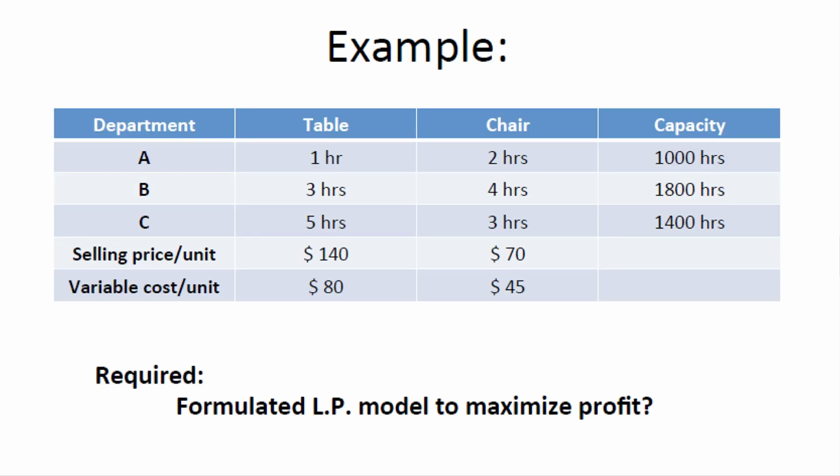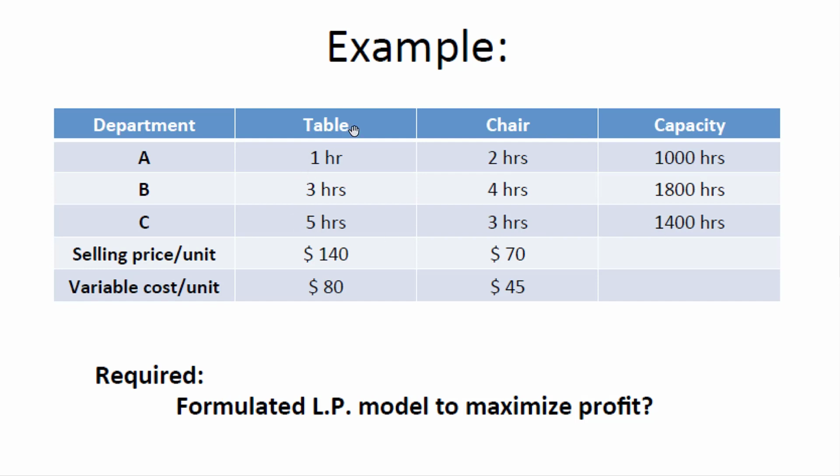Example 2. We have three departments, Department A, Department B, and Department C, and two products, tables and chairs, with the available capacity for each department. The available capacity for Department A is 1000 hours, Department B is 1800, and Department C is 1400 hours.